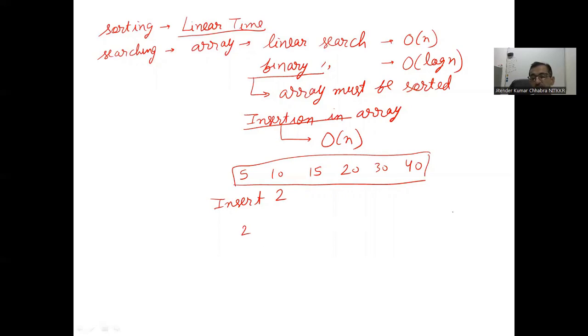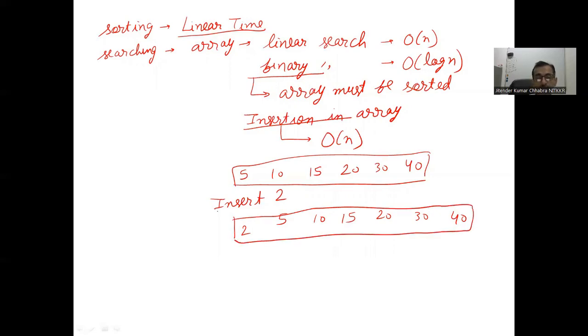That indirectly means 40 will come here, 30 will come here, 20 will come here, 15 will come here, 10 will come here, 5 will come here, and then I will have the same thing done like this. So insertion is going to be costly. If insertions are frequent, then my binary search over an array doesn't become a good choice because insertions will take more time. So I have to think of a solution.